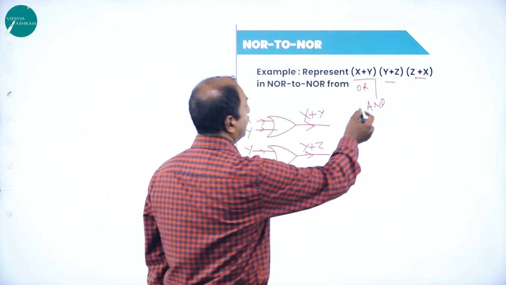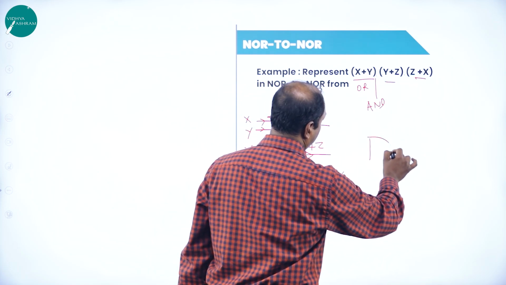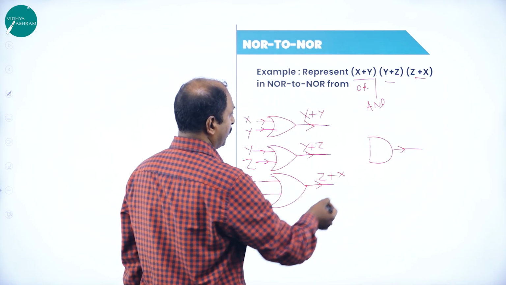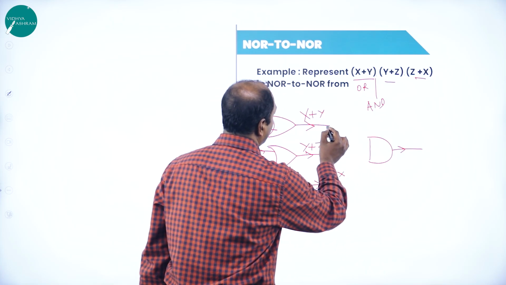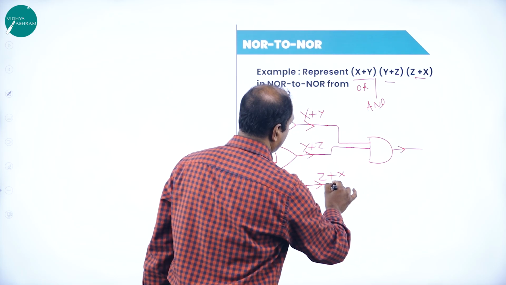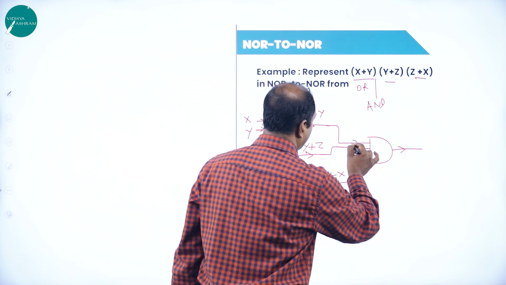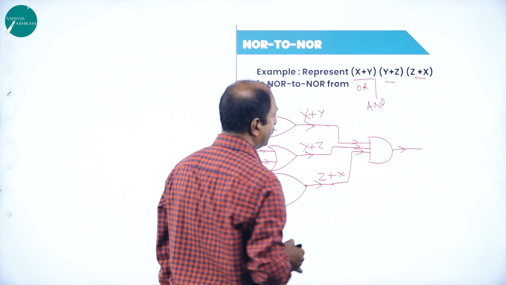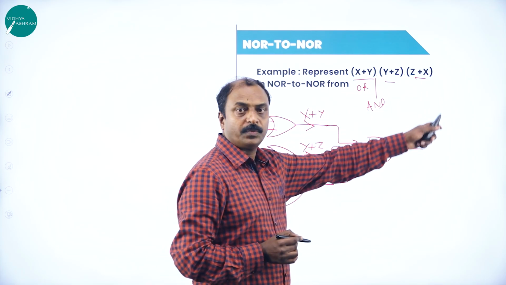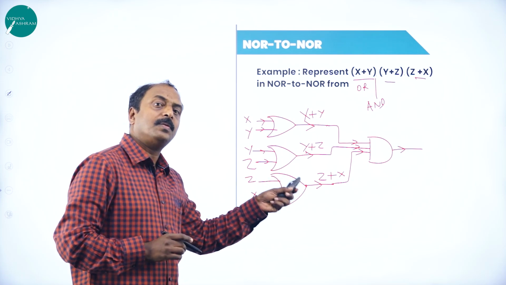In between we have AND gates, so we write an AND gate here, and its inputs would be the outputs of these OR gates. This is how we write the circuit, these three are the inputs and this is the output. The final expression will be the output of this one. This is the circuit using basic gates.